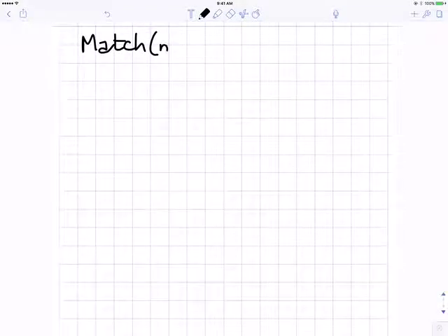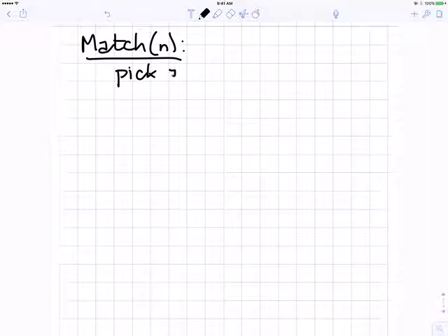So let me go back to matching all of the nuts and all of the bolts. And people have already sort of thrown out the answer that was proposed, which is the following. I'm going to match n things. So I'm going to pick a random bolt.